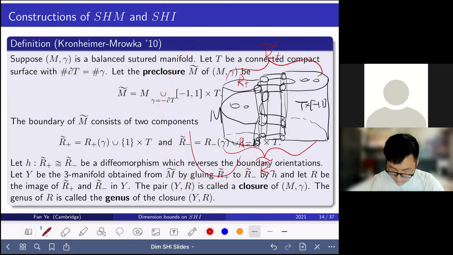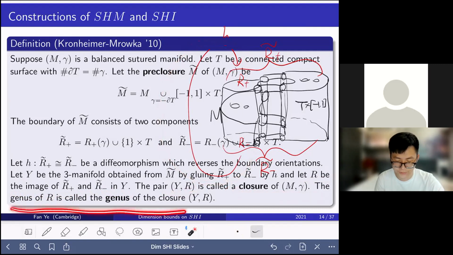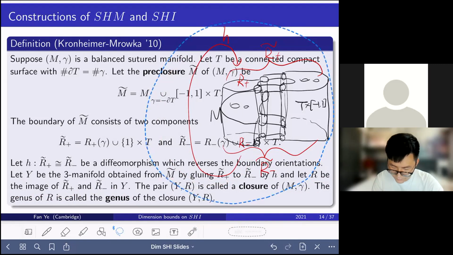We glue this piece together, and then we form a closed oriented 3-manifold Y. And then R is the image of R plus tilde and R minus tilde in Y. The pair (Y, R) is called the closure of (M, gamma), and the genus of R is called the genus of the closure.